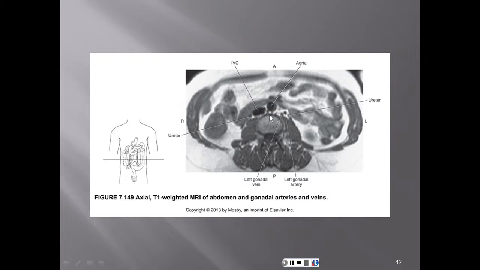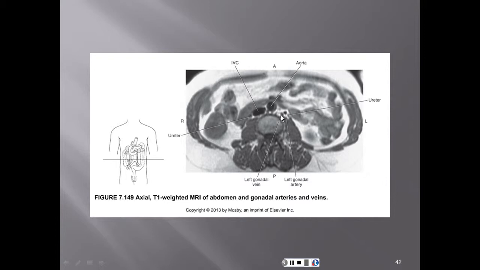So the gonadal vein and artery is coursing from... I'm trying to get a look here to see, because sometimes as a normal variant it is actually quite normal for the left gonadal artery to come straight off the aorta while the right gonadal artery comes off of the renal artery. But here you have the gonadal vein and artery.